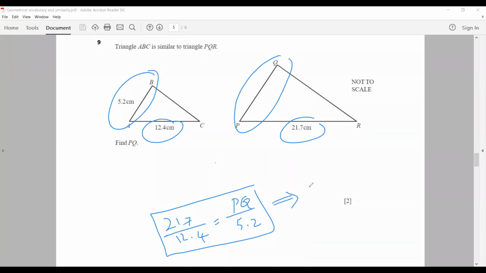And you make PQ the subject of the equation, and the answer is 21.7 times 5.2 divided by 12.4, 9.1 cm, right?